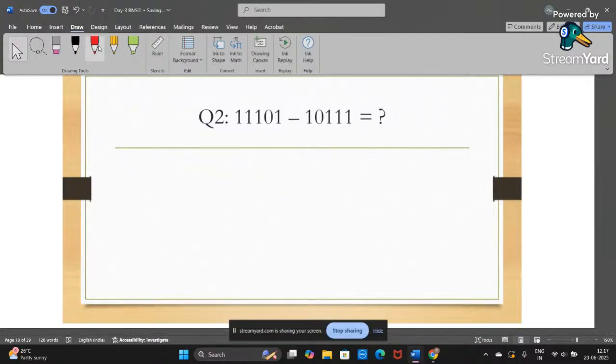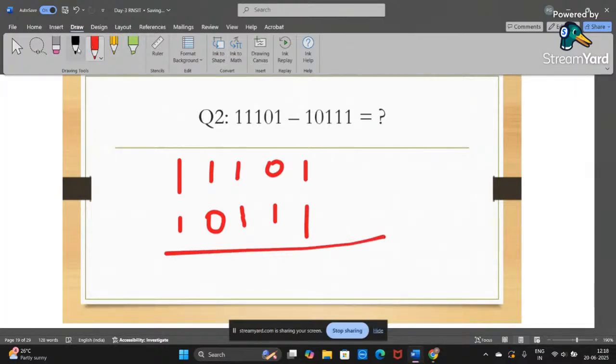Okay, this question is 1, 1, 0, 1, 1. So we need to subtract now. So we know that 1 minus 1 is 0. 0 minus 0 is also 0. So 1 minus 0 is 1.